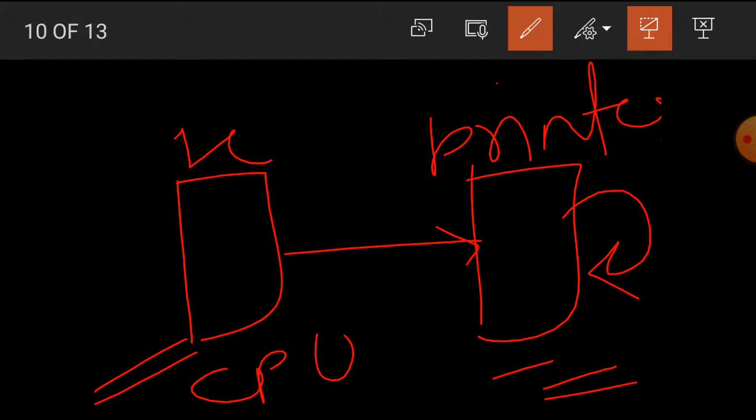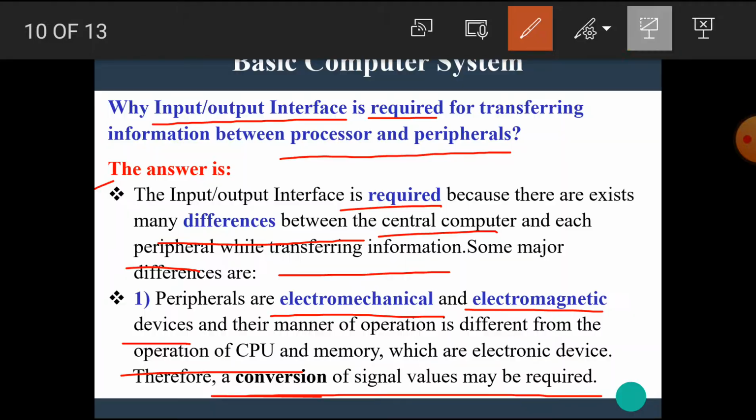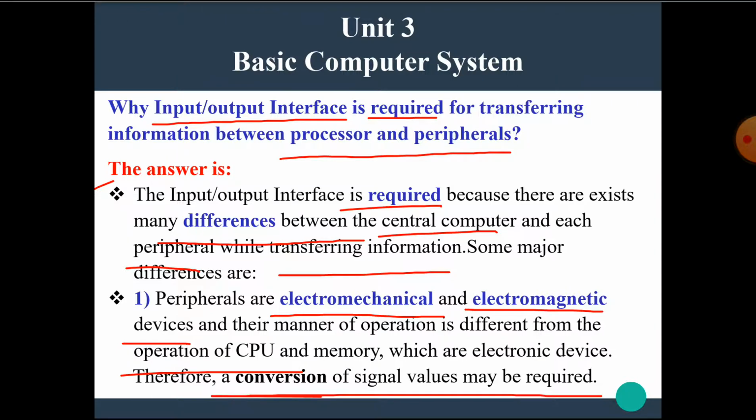Hence, the power signals for operating the CPU and printers are different. For that purpose, we require an input-output interface module for the communication between them. I hope you all understand this point.